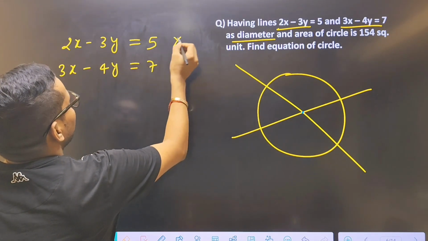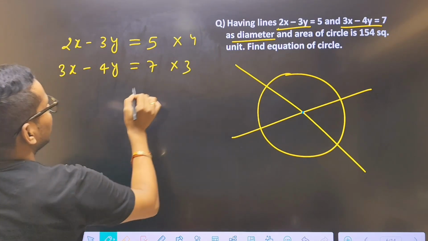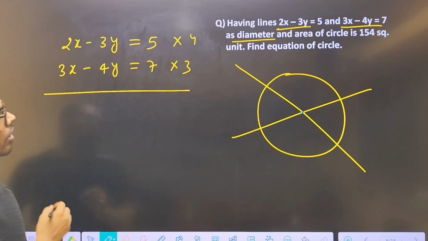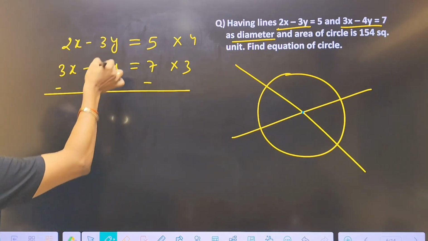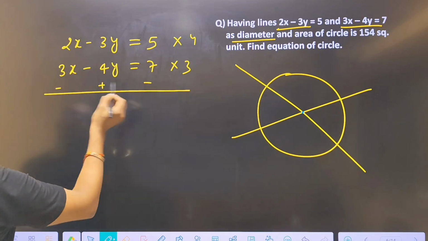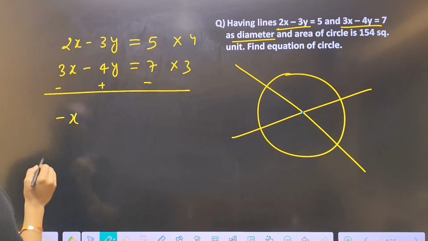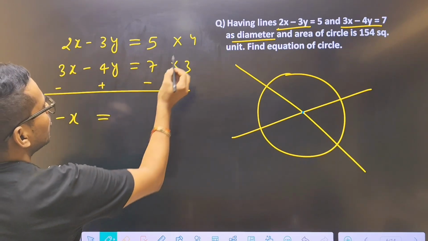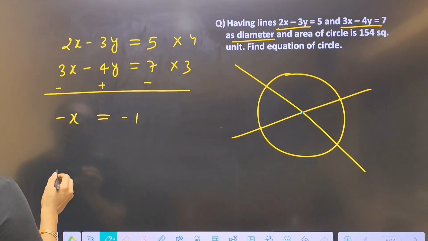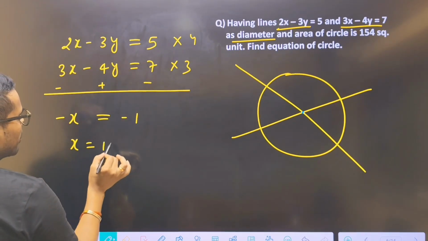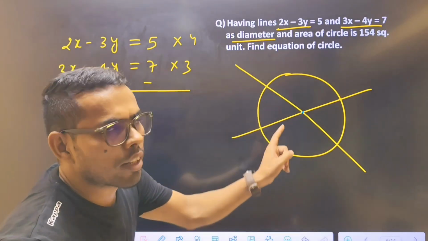Simply we can multiply this by 4 and this by 3. Simply minus. Then what will you get? If you do minus, simply these two are cancelled out. 8 minus 9, this is minus x is equal to how much? 5 into 4, 20. 20 minus 21, that is minus 1. Okay. So how much we are getting? X as 1. So x coordinate of center is 1.